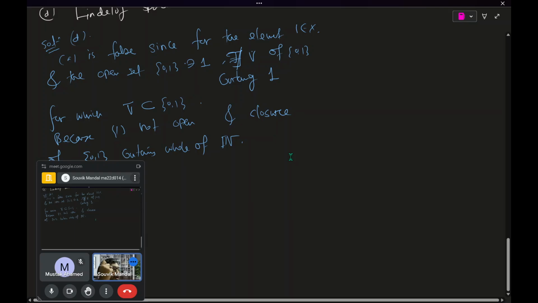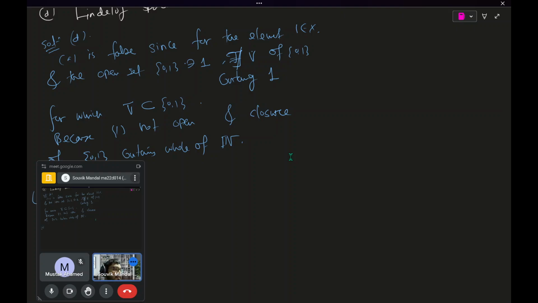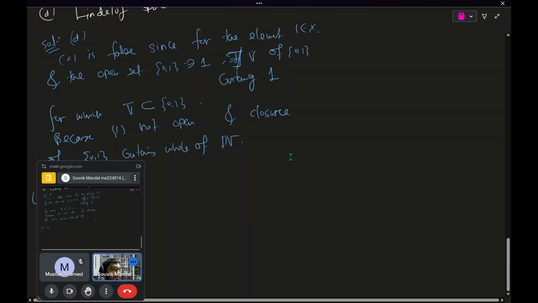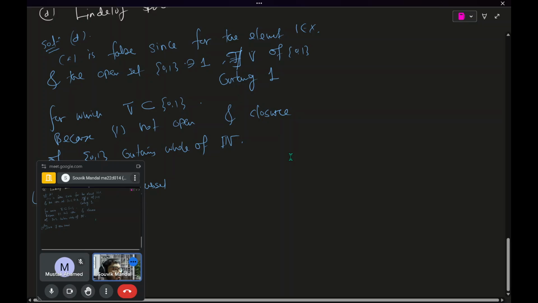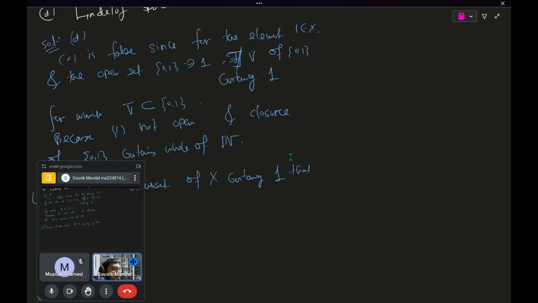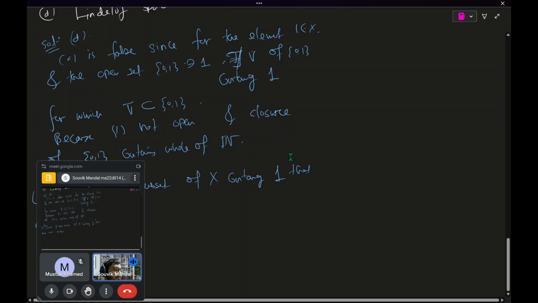And option B is false since there does not exist an open subset of X containing 1 that does not contain 0. Option C is false. Why?